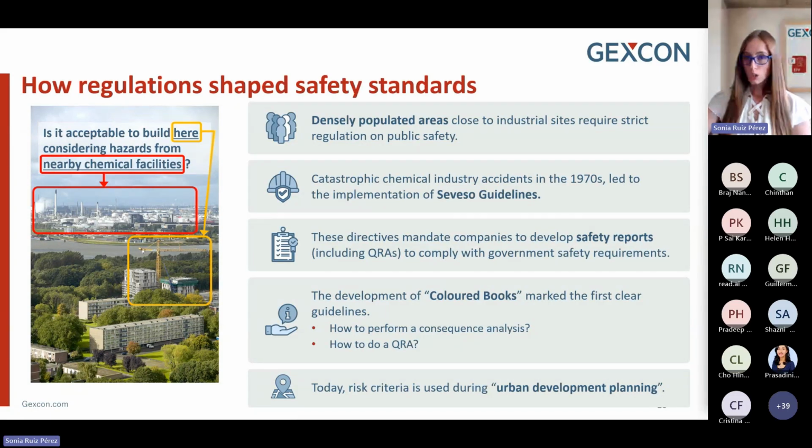The guidelines required companies to create safety reports demonstrating compliance with stringent safety standards. And this era also saw the publication of the Colored Books, which I mentioned before, which provided the first comprehensive guidelines for performing consequence analysis and QRAs. Today, risk criteria are central to urban development planning in many countries across the world, ensuring that industries and communities can coexist safely, even in densely populated areas.